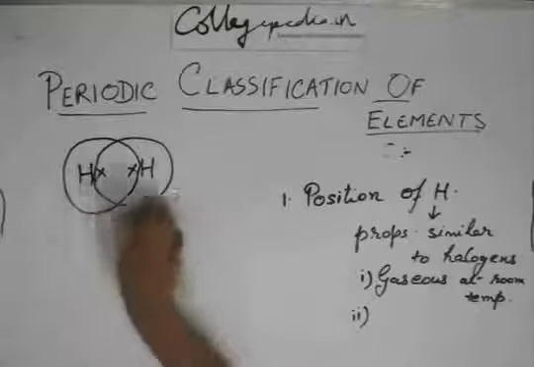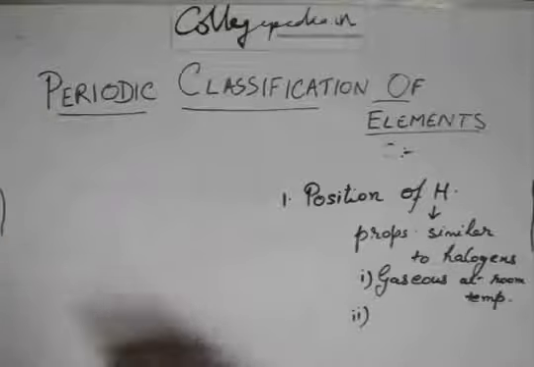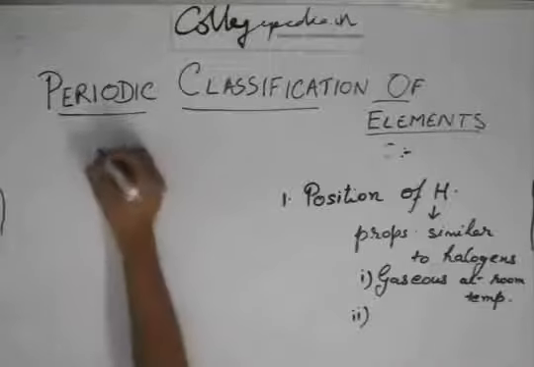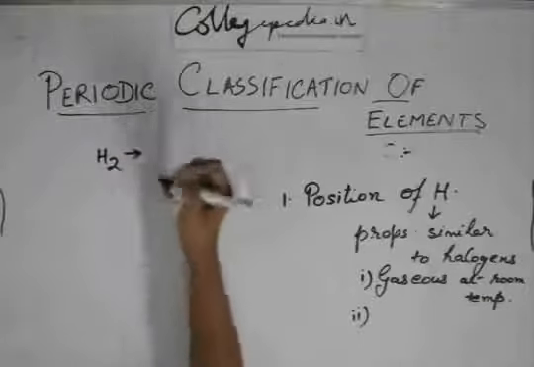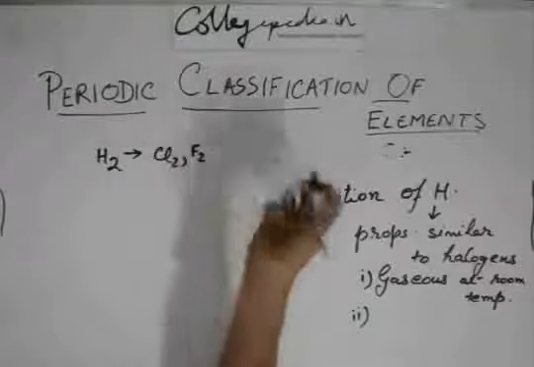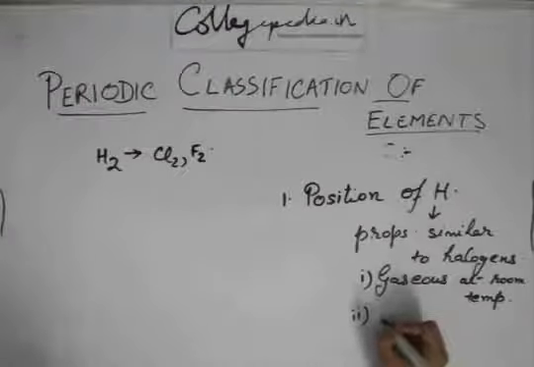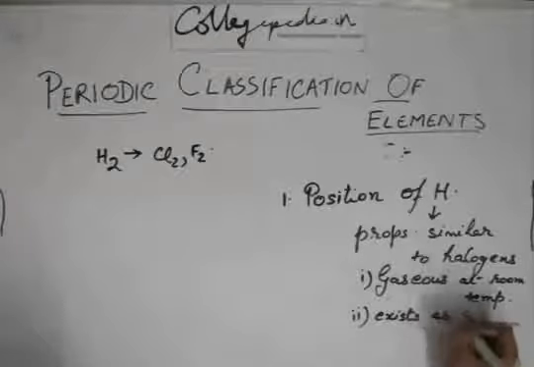That is why hydrogen, in need of an electron, forms a diatomic molecule H2, similar to the reason why Cl2 and F2 are formed, because they are in need of 1 electron. So the second thing is that it exists as H2.